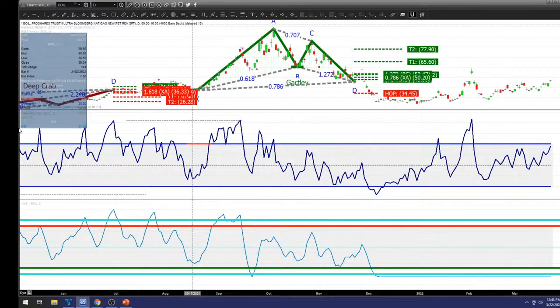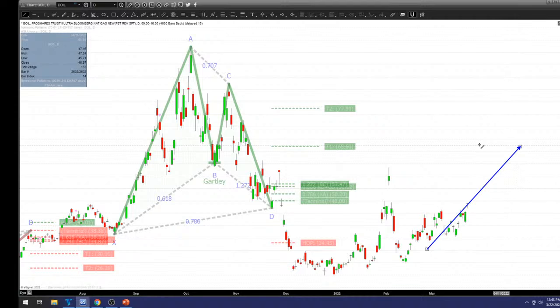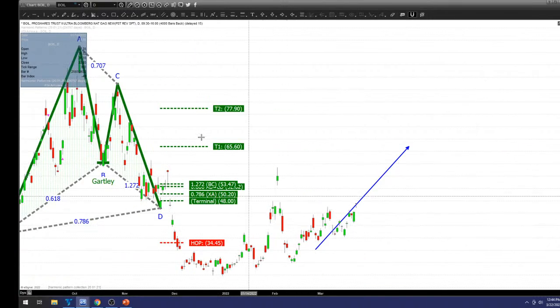Here's the BOIL. BOIL is the triple nat gas ETF. I'm still super bullish on nat gas. Why not? It's just going to take more time. And this hop level, go to target 1 at 65.60. And nat gas spot price is like this.